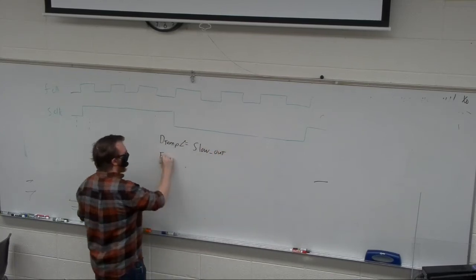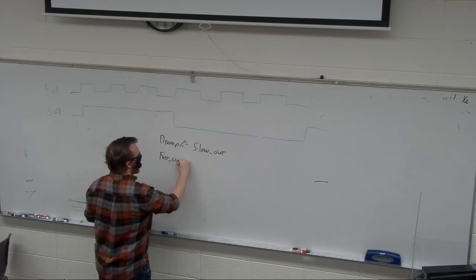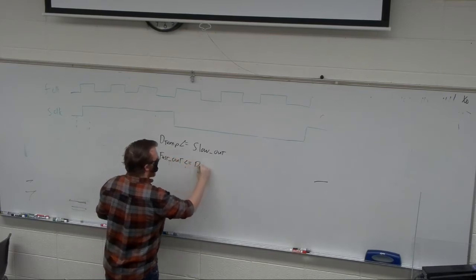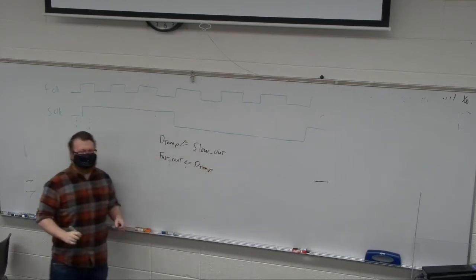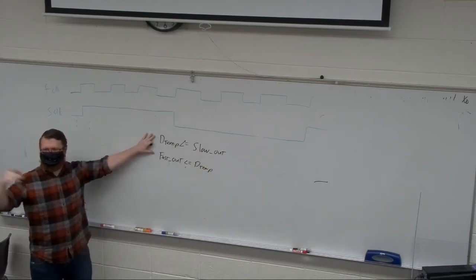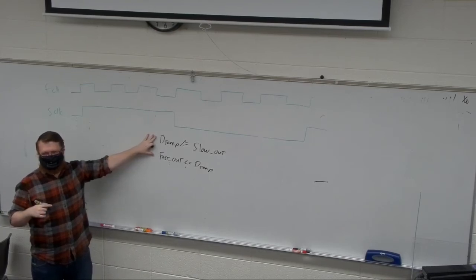And then you say fast out is equal to dtemp. Right, so now I've just created 2 registers, one after the other. So that's the actual implementation of the first one.